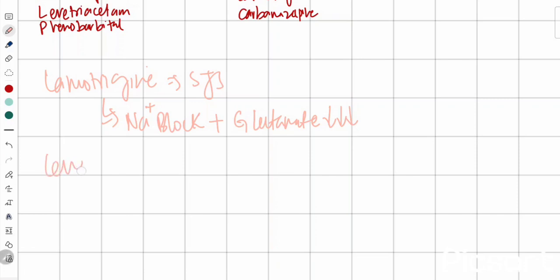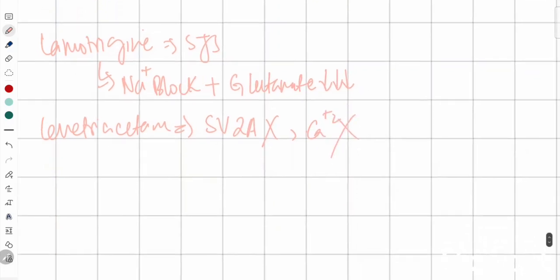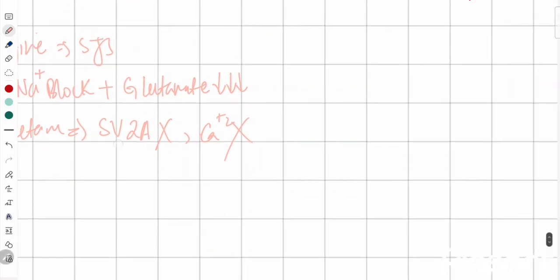It also has two functions. First, it blocks SV2A, and it also blocks calcium channels. Then we have phenobarbital. Phenobarbital is first line in neonates, and we have already done barbiturates' side effects.